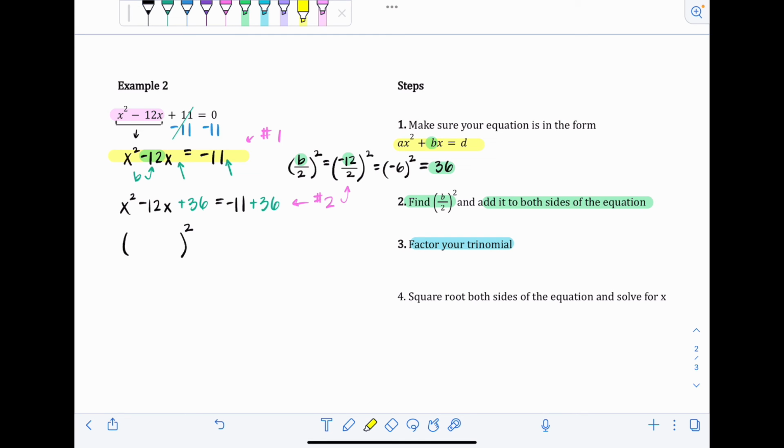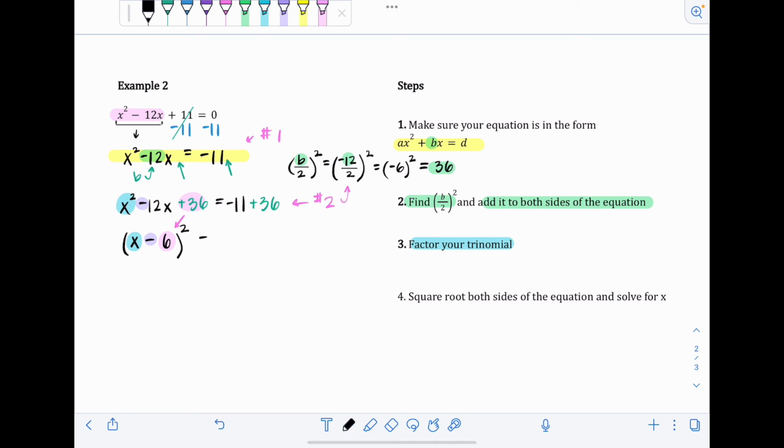So it would be the square root of the first term. The square root of x squared is just x, and then you take the sign from the middle term. Since that's a minus, we'll do a minus right here. And then last, we take the square root of the third term. The square root of 36 is 6, so we do 6 right here. And then we end up with x minus 6 inside the parentheses.